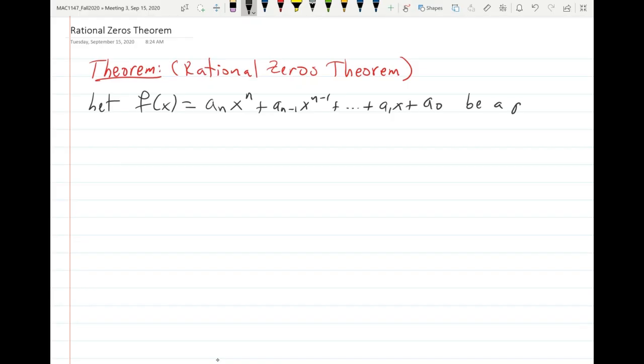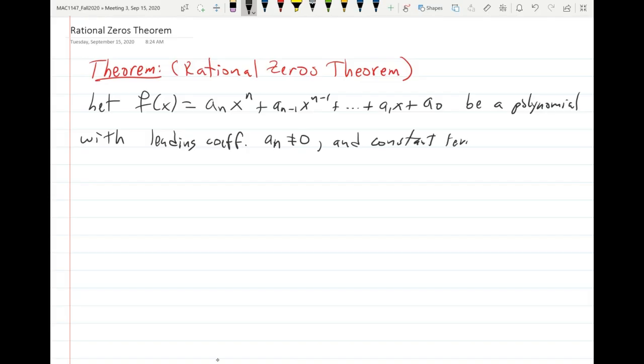So be a polynomial with leading coefficient an, which is of course different than 0, and constant term a0.